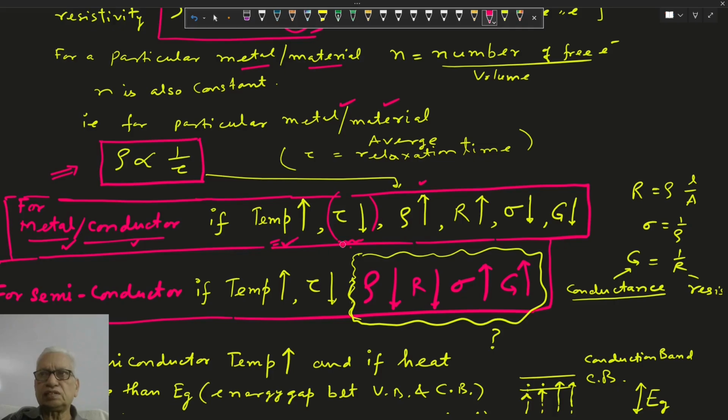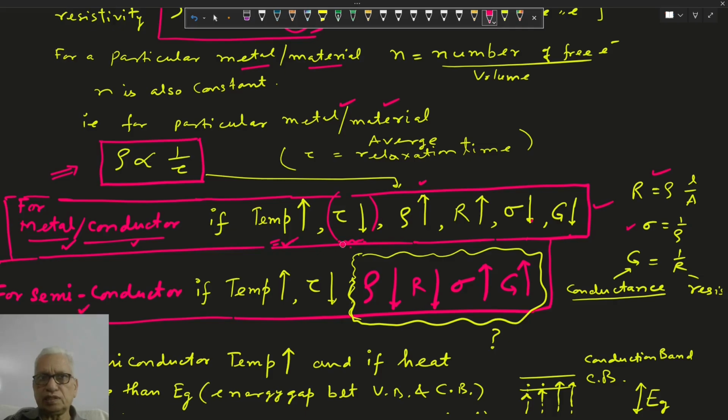And by the relation R equal to rho L by A, if resistivity increases, resistance also increases. The reciprocal of resistivity is conductivity, so conductivity decreases. Conductance is 1 upon R, where R is the resistance and G is the conductance, so if R increases, G must decrease. So this is the relation: temperature increases, relaxation time decreases, resistivity and resistance increase, conductivity and conductance decrease.